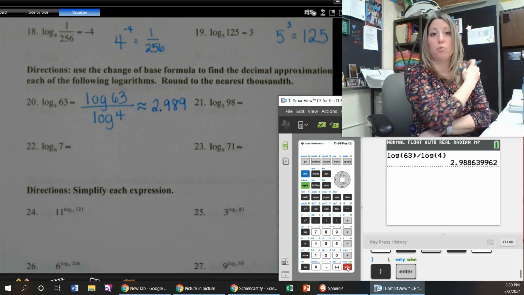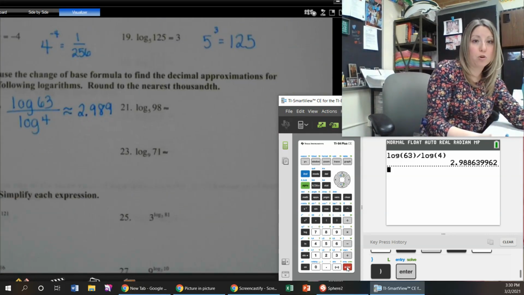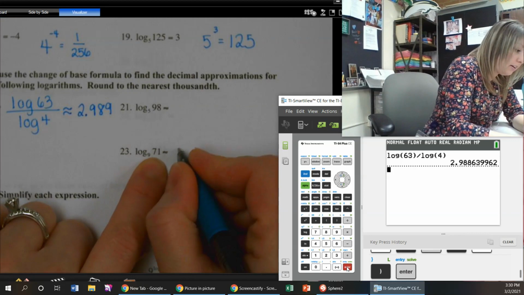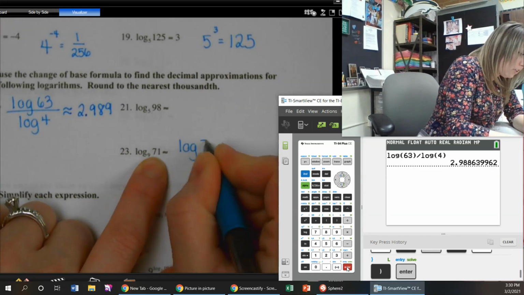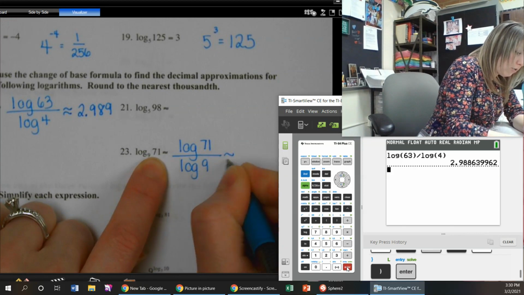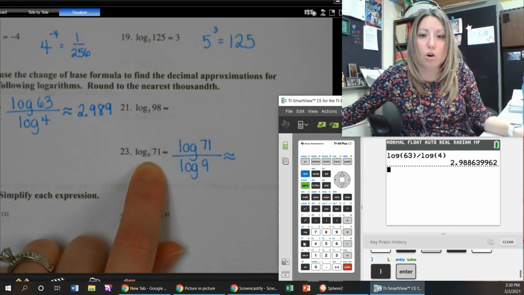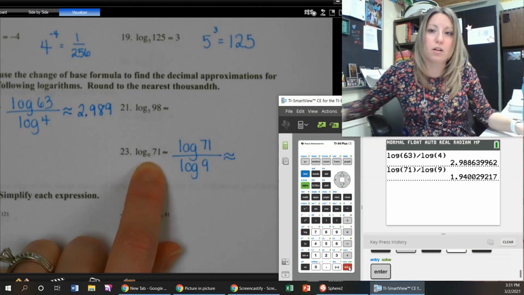I'll do one more. You need to show the change of base. So you've got to actually show the formula being used, which is, again, log 71 divided by log 9. And then you type it into your graphing calculator to give me the answer to the nearest thousandth. So log 71 divided by log 9. There we go.